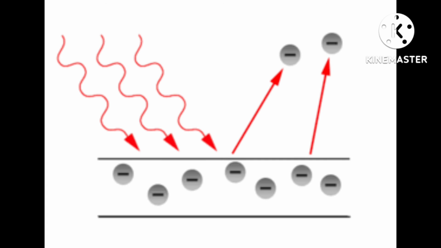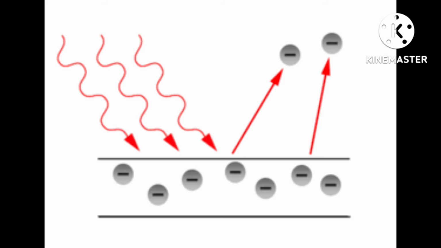Always keep in mind, nu 0 is the minimum frequency required to eject the electron, and h nu 0 is the minimum energy.